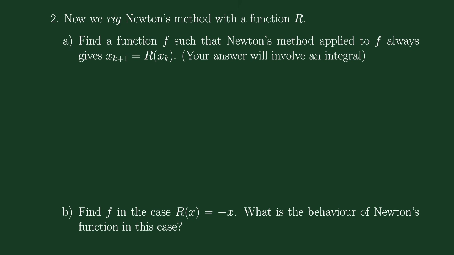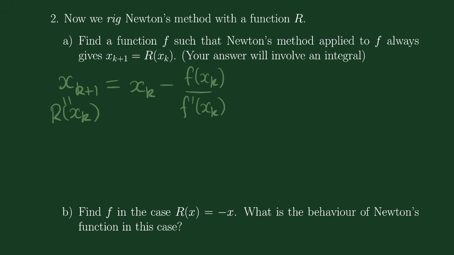So from before, we had that our update rule is given by the following formula. And what we want is that this is obtained by substituting xk into r. Now, for notation purposes, I'm going to set x equals xk and y equals f of xk.